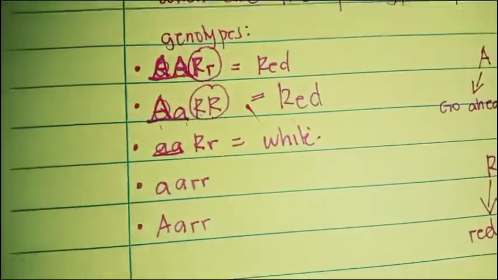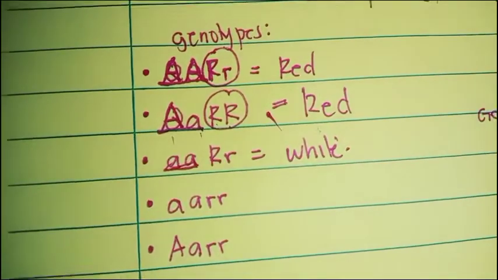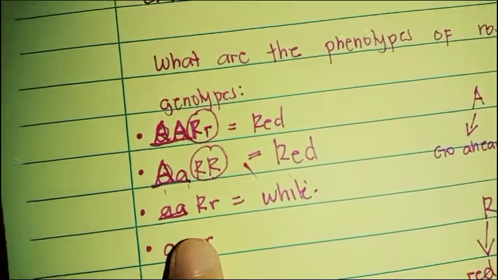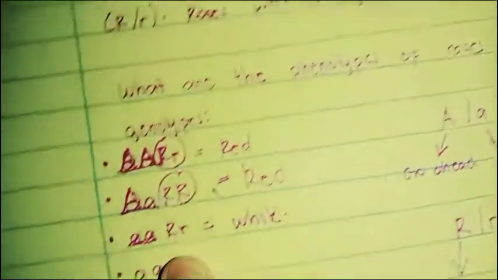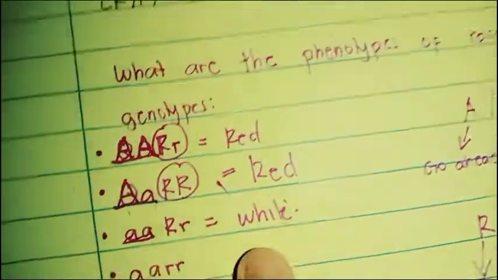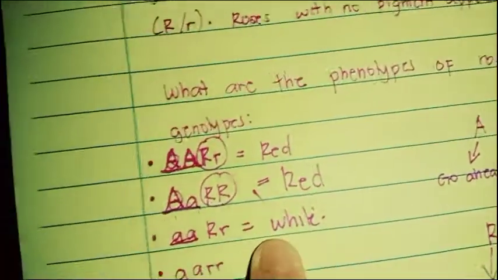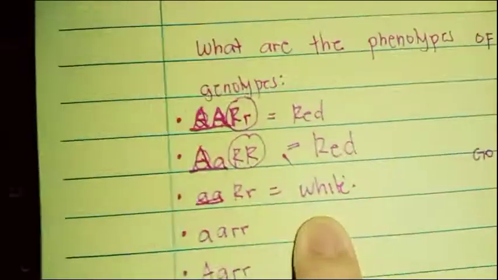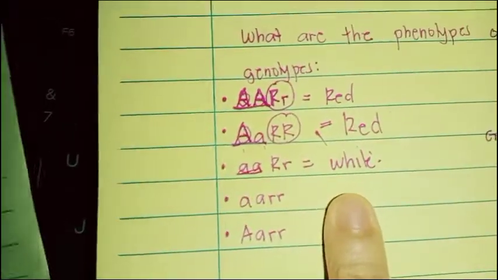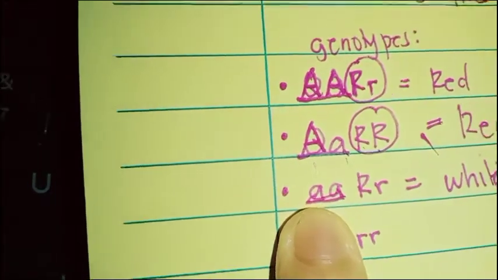The next example we have here is two small a's and one capital R and one small letter r. Here I showed that it is white, but I'll explain why we have a white answer. Two small a's means it is recessive.